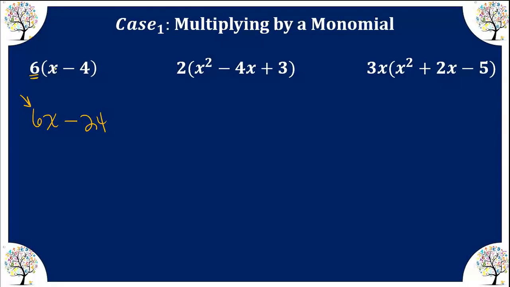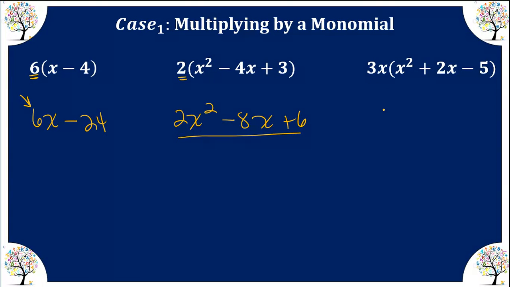We multiplied 6 times x and 6 times minus 4, so we know that 6x minus 24 has a greatest common factor of 6. Here we're going to multiply this monomial by this trinomial, and this gives us 2x squared minus 8x plus 6. So in this trinomial, our GCF was 2. 2 can divide into each of these terms.